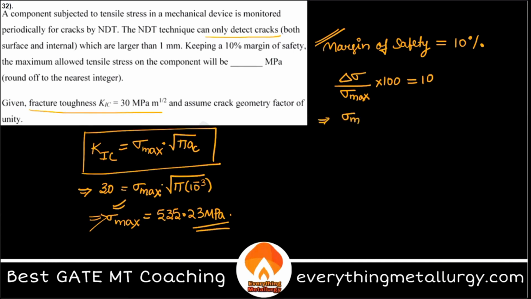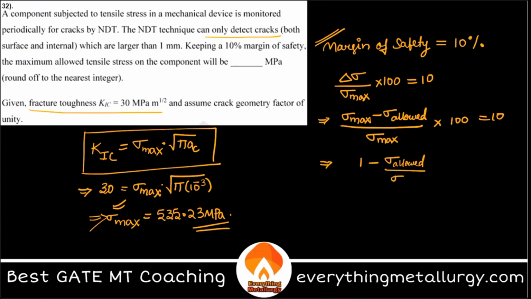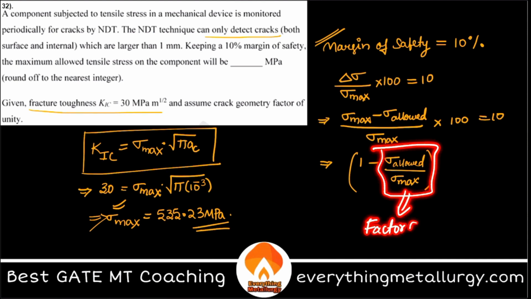Delta sigma is nothing but sigma max minus sigma allowed, which is the allowable stress, divided by sigma max into 100 equal to 10. So from here you can directly write, this is 1 minus sigma allowed by sigma max. Do you know what this ratio, sigma allowed by sigma max, is? This particular guy here is called my factor of safety.